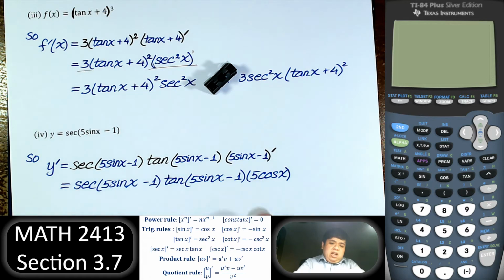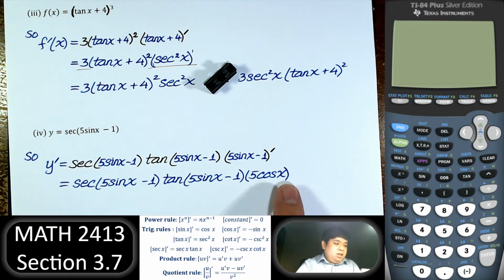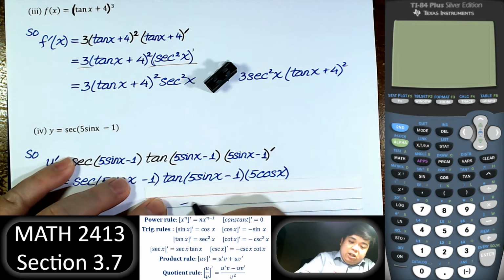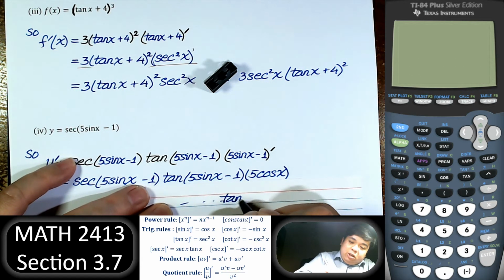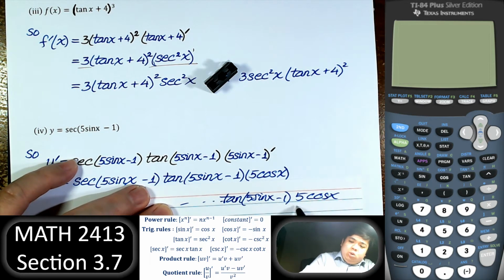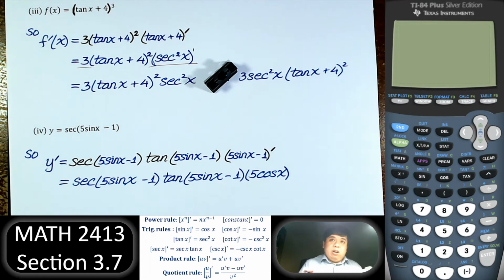As always, usually if we have the last term raised to the first power, we try to avoid the parentheses. We don't need to write the parentheses, but if we write something like, for example, tangent of 5 sine x minus 1, and then we write 5 cosine x, usually when we don't have the constant by itself like this, if there's a constant, we write that in front.